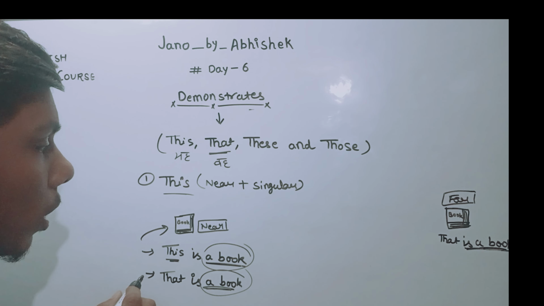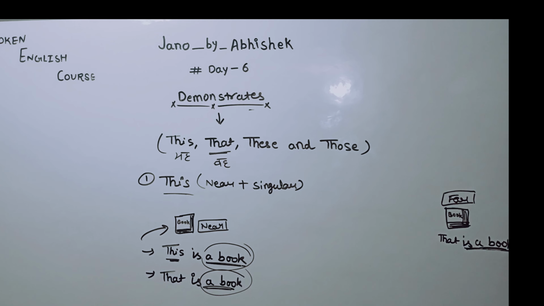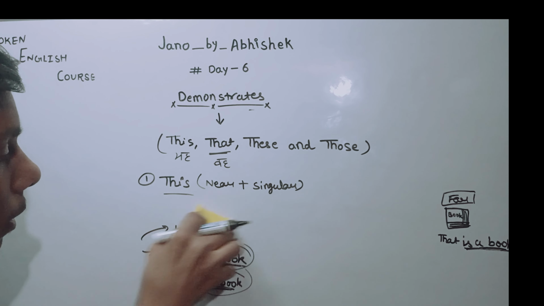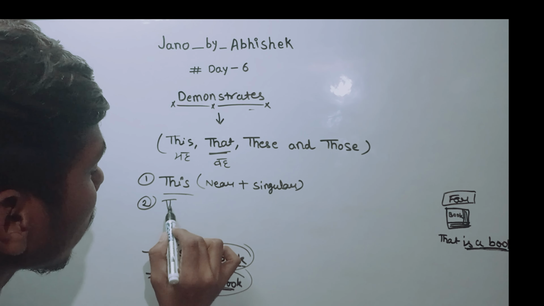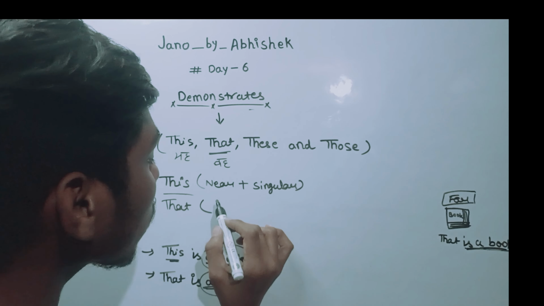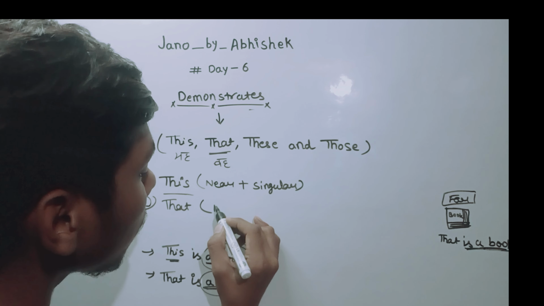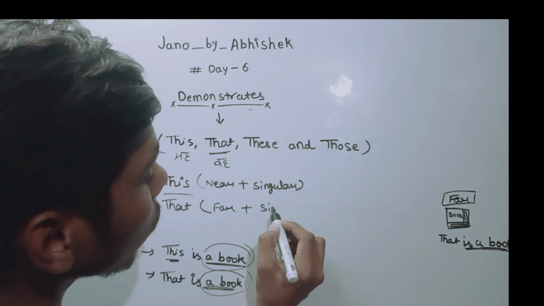So we saw in the second case, the two conditions should again be met. The first one is that it must be far from us, and the second one is that it should be singular.